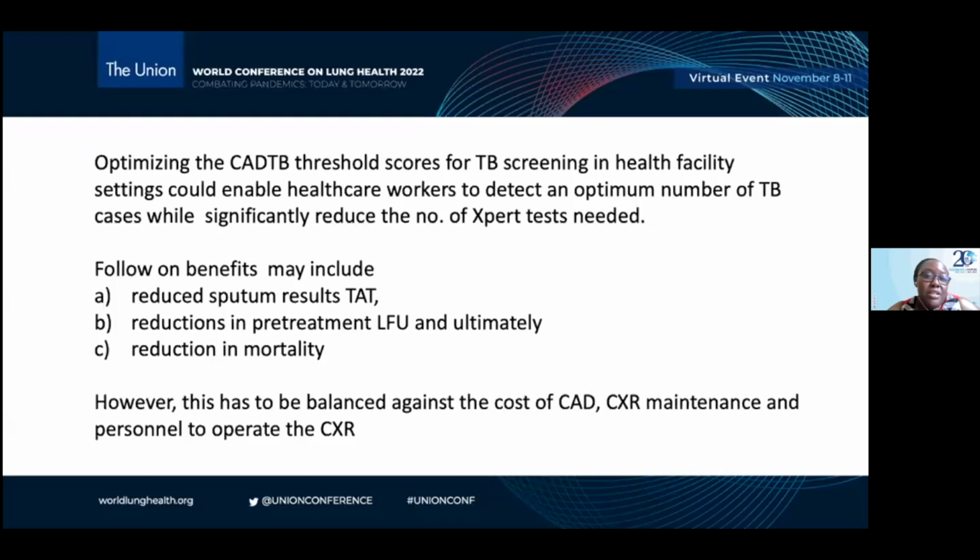But about 15 of them have been placed in regional referral hospitals. And so we are collecting more representative data countrywide, to try and see what is the optimal threshold score for TB screening at the health facility in Uganda.